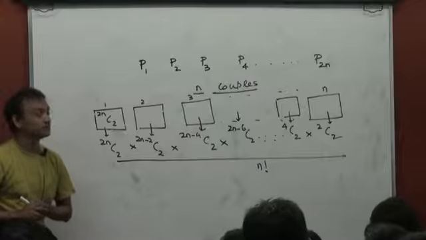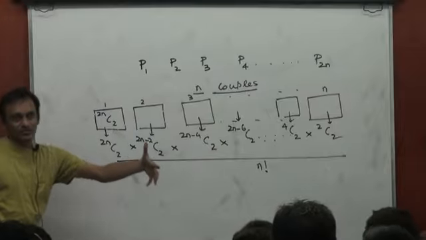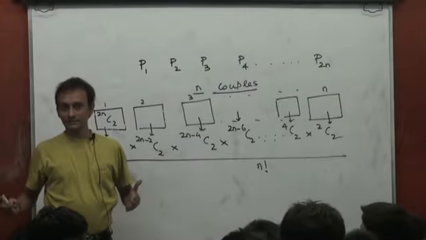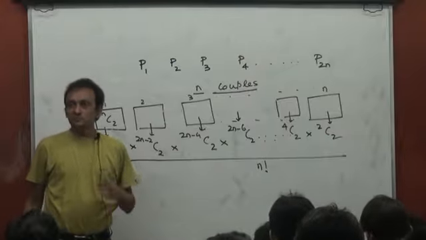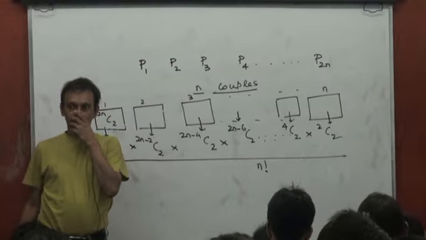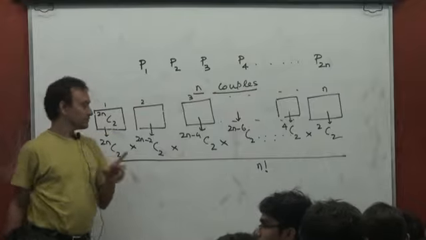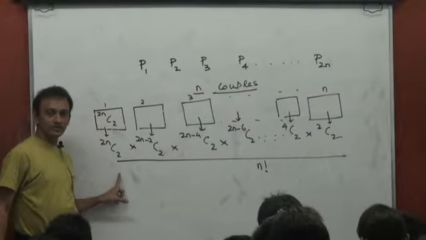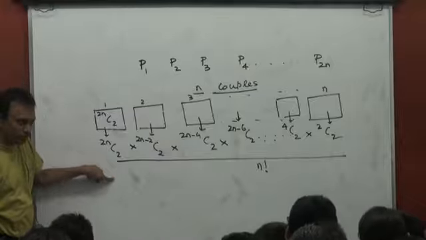There are n slots. So divide by n factorial, you get this. So you have 2n factorial by (2n minus 2) factorial by 2 factorial here.